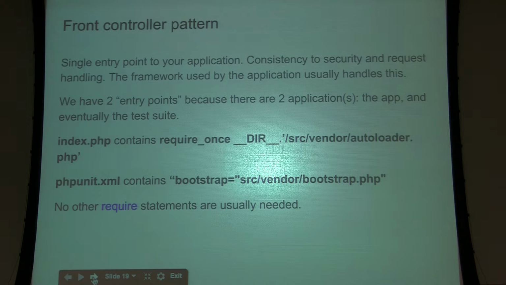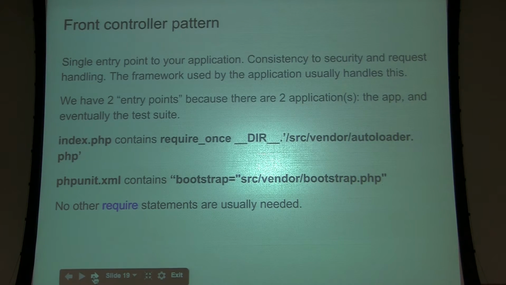At the beginning of your application, index.php, and then again mentioned in the phpunit.xml, because technically you have 2 applications, they each have an entry point, but they're like separate things. The test suite runs, it's technically an application, and so it has its own version of the autoloader, but they can both use that same Composer.